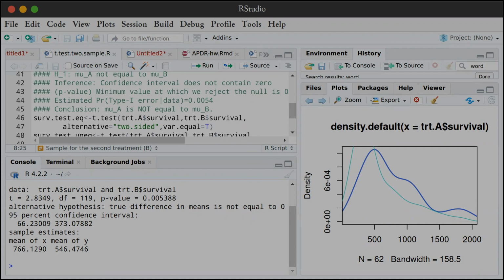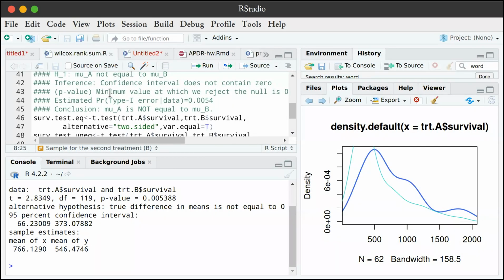Again, do run these at home. If R doesn't work, talk to me.